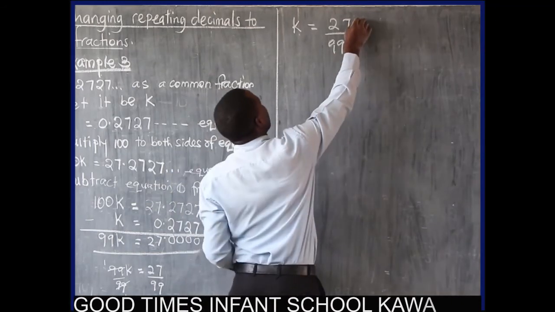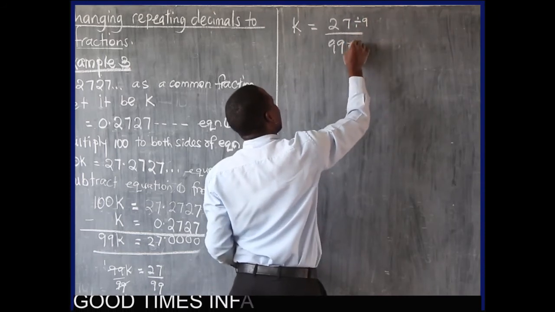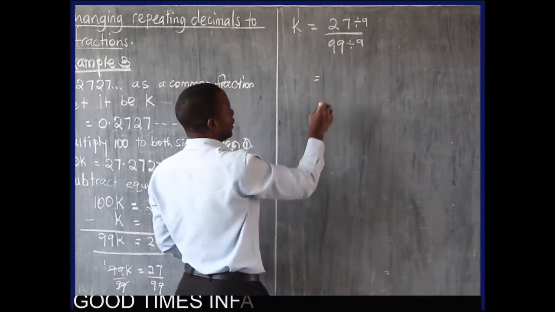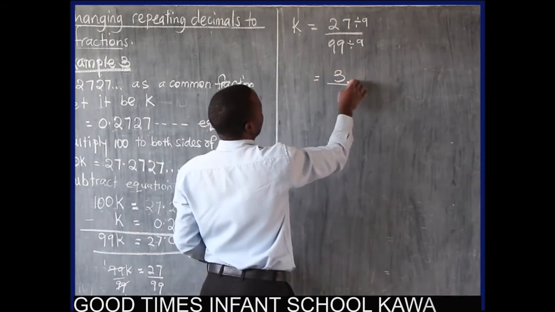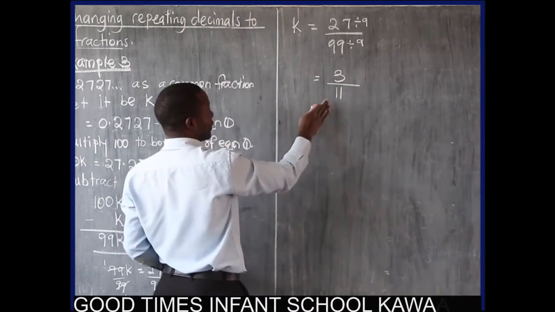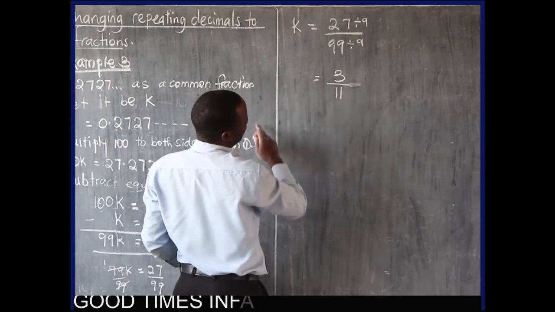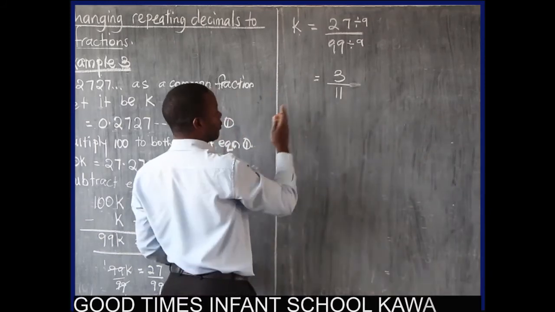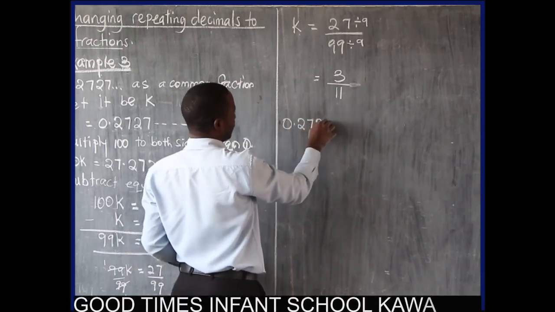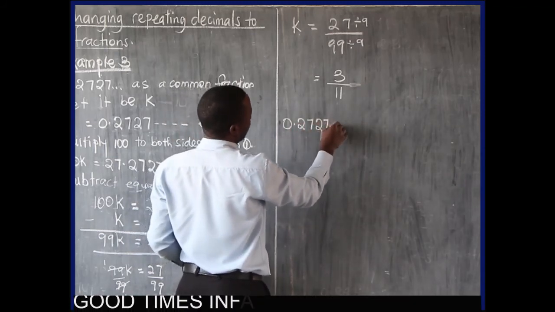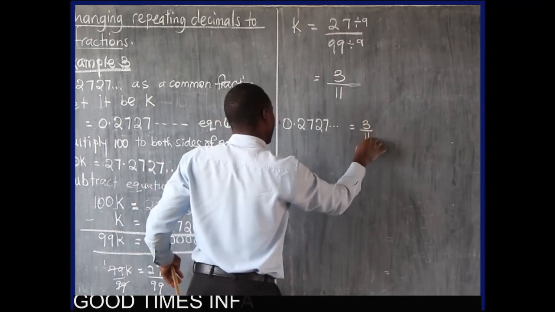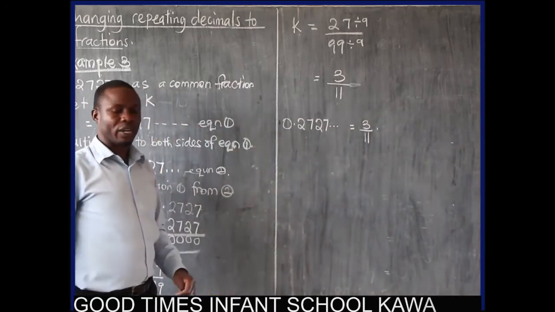When I divide by 9 here, 9, 18, 27, there are 3, then 99 divided by 9, you will see 11. Therefore, this is our simplified fraction because 3 is a prime number, 11 is a prime number, so the fraction remains there. Therefore, 0.2727 recurring equals 3 out of 11, as the fraction they wanted.